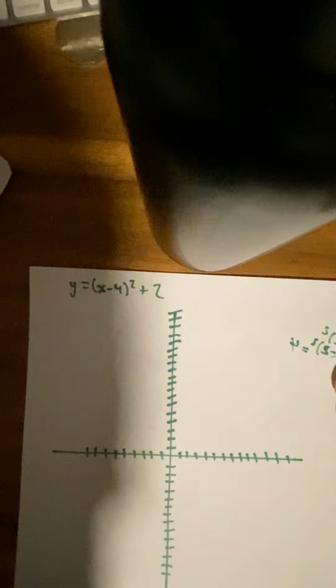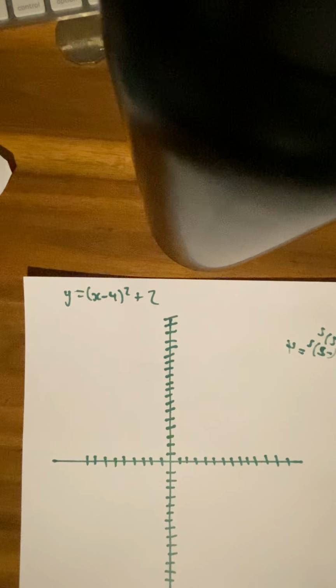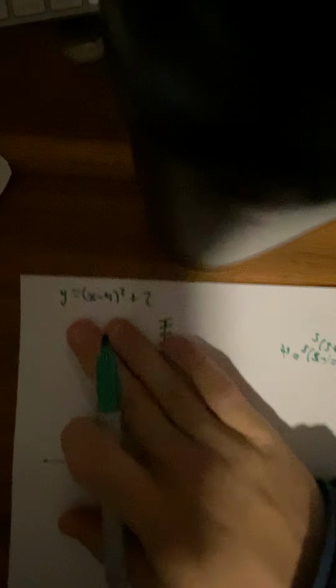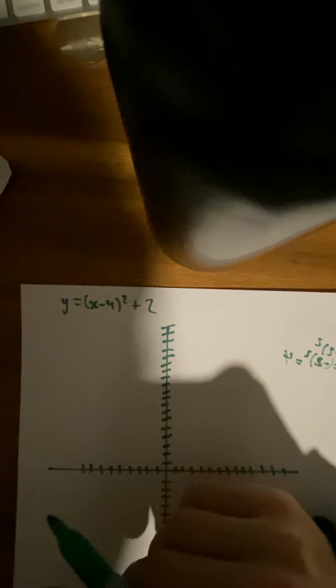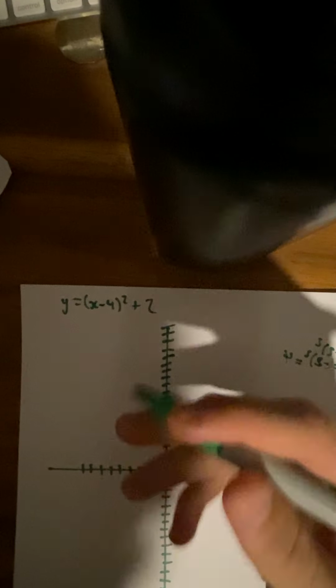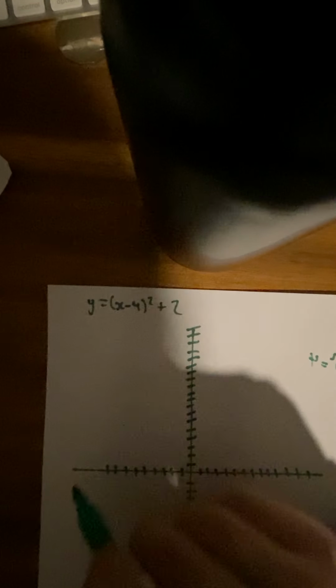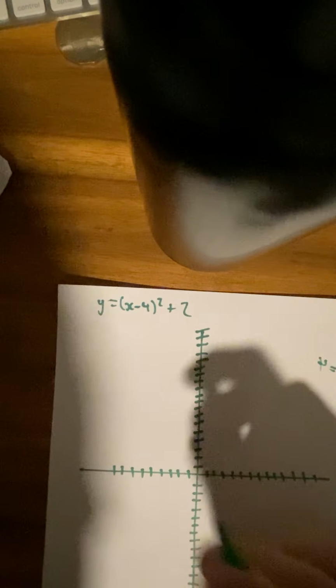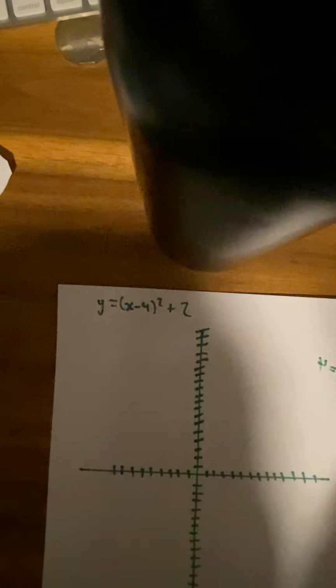Now in this final case, it's looking at something a little bit different. This function's written in what's called vertex form. That is, we could have had a function y equals x squared plus 2x plus 7, and simply complete the square to get it in this form. And straight off the bat, this tells you what the vertex is.